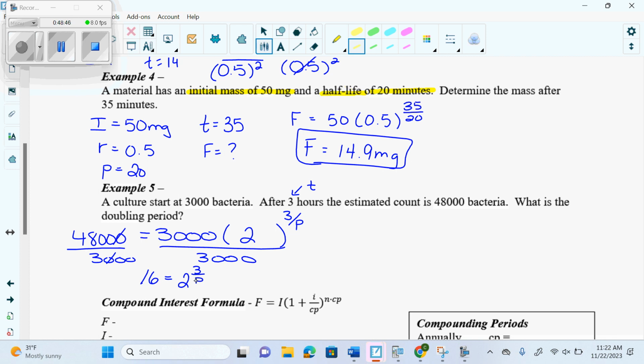I can make them both base 2. 16 is 2 to the 4. This is 2 to the 3 over P. Remember, if I make them the same base, I can set these exponents equal. So I get 4 equals 3 over P. Swap them. And I get P equals 3 over 4, or 0.75 hours. So your answer would be the doubling period is 0.75 hours.